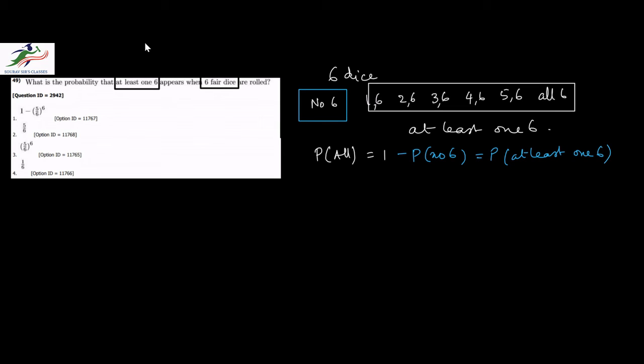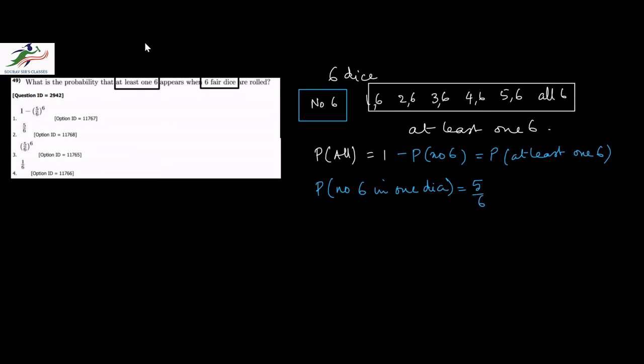So probability of no 6 means all 6 dice will have numbers from 1 to 5. The probability of no 6 in one die is 5 by 6. So the numbers could be 1 to 5 except 6. The total outcomes of rolling one die is 6, and out of that no 6 means 5 by 6.